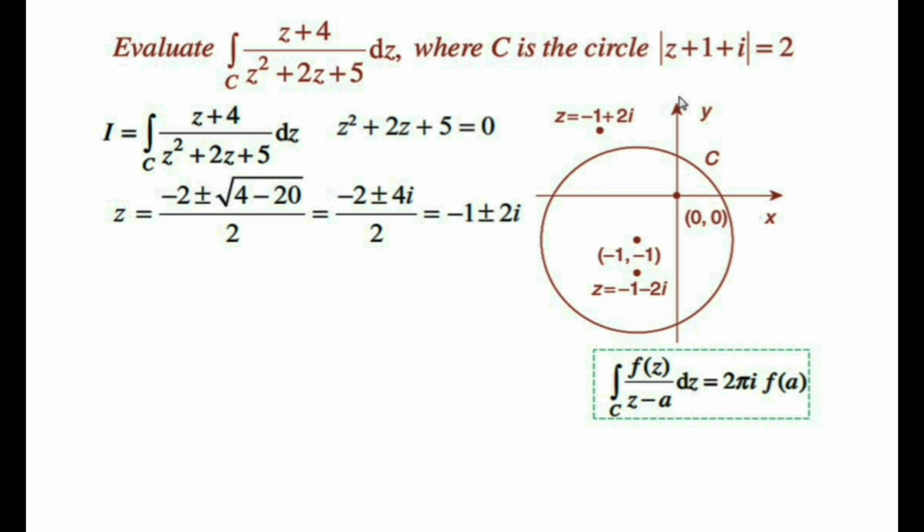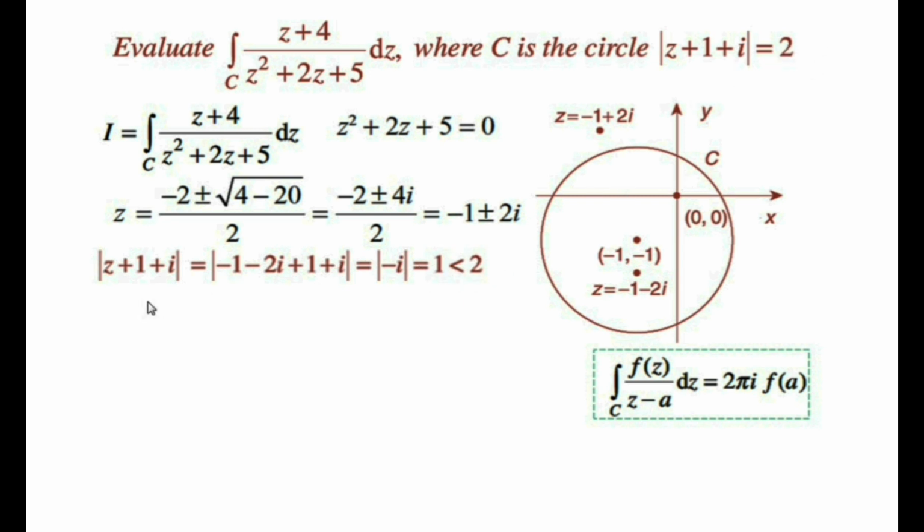We have the first singular point -1 minus 2i. We consider the modulus of z plus 1 plus i, and check whether the result is less than 2 or greater than 2, because we have the radius 2.